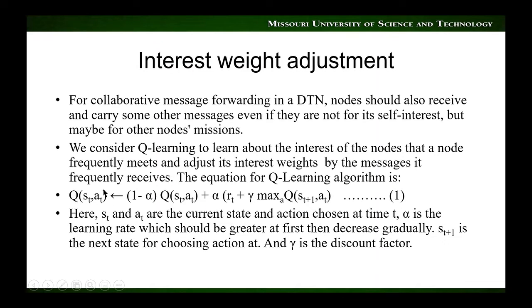It says that the cumulative reward of a particular state and action can be updated by 1 minus the learning rate times the cumulative reward, plus the learning rate multiplied by the current reward plus the discount factor multiplied by the future maximum cumulative reward possible.